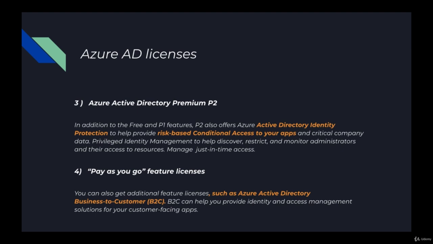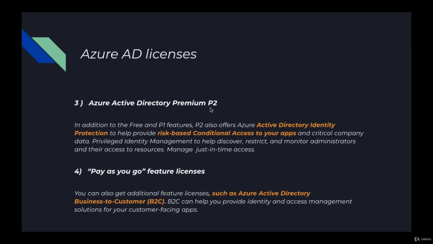So when you need to apply conditional access policies, or you need to manage privileged identity management, wherein you can provide access to different administrators, review their access, elevate their access or deactivate their access, and wherein maybe you need just-in-time access to provide a particular user access to manage a virtual machine for a time being. In that case, you need to upgrade your license from P1 to P2 or basic to P2.